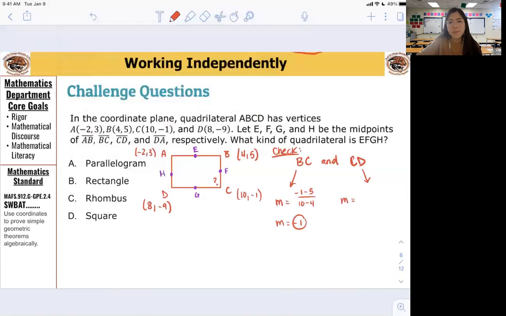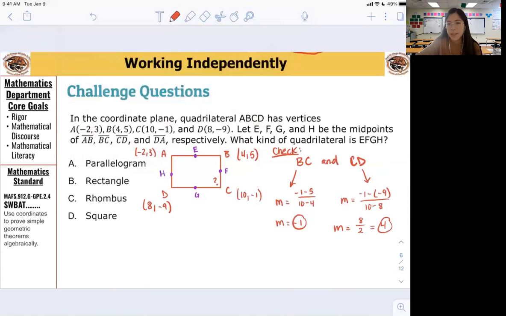C and D, what's y2 minus y1? -1 minus -9, and then 10 minus 8. Very nice. -1 minus -9 is 8, and 2, which ends up being 4.